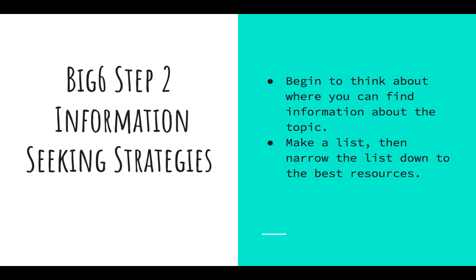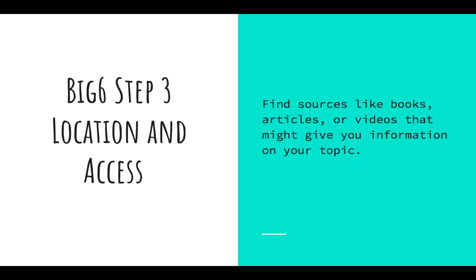So maybe Google might not always be the best resource, right? Step 3 is locating and accessing. Once you think about these resource places, you can go and start looking for items like books or articles. Even videos now are very, very popular for finding information about your topic.